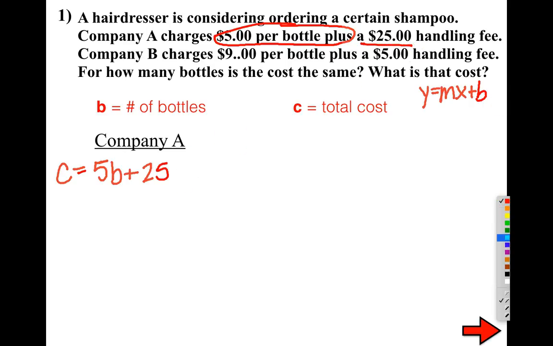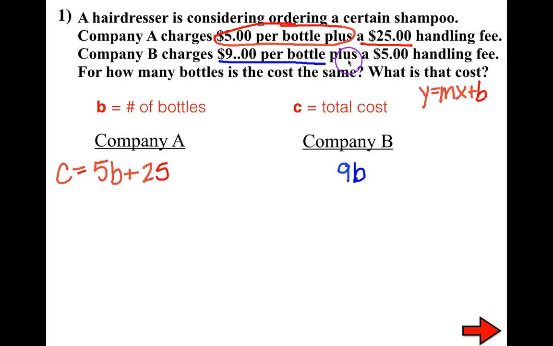Okay, now let's do that for Company B. Company B is very similar, except it charges $9 per bottle, so that's going to be 9 times B, plus the $5 handling fee.